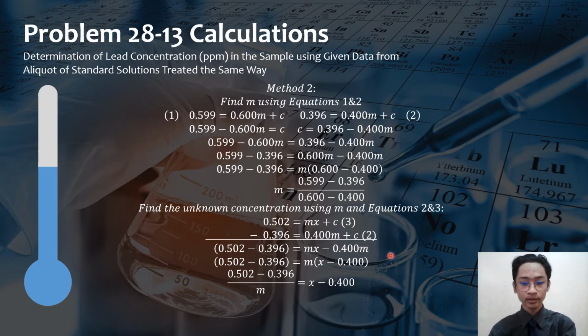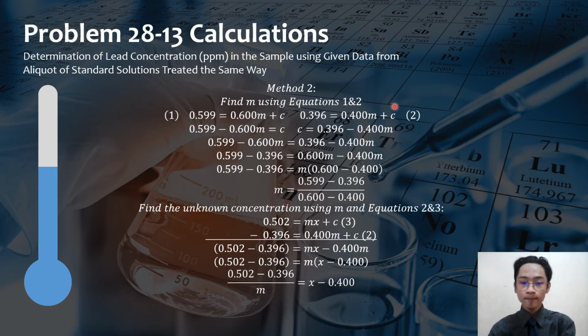The first given absorbance value is 0.396 and the second is 0.599 and 0.502 is between the two. So we can say that this is linear interpolation. If it is beyond the range, it is linear extrapolation. Since it is between the range, it is linear interpolation.